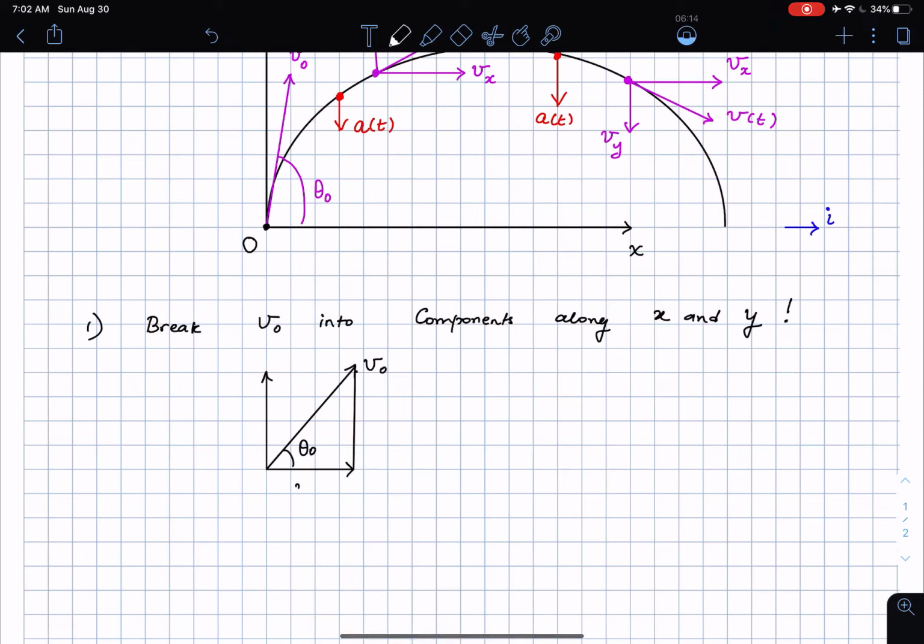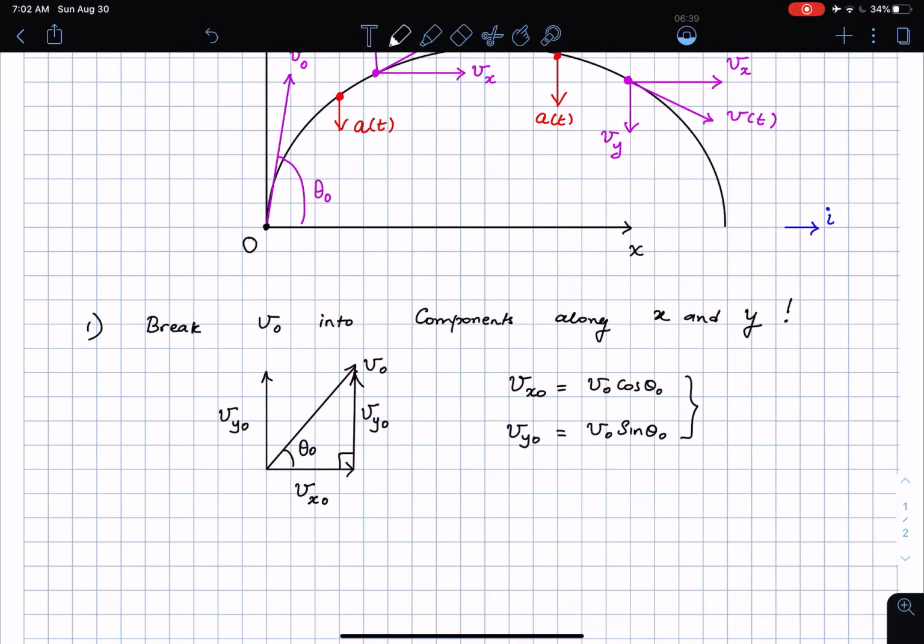This is going to be Vx naught, Vy naught. So this is also going to be Vy naught, right angle triangle, as you know, which means that Vx naught is V naught cos theta naught, and Vy naught is V naught sine theta naught.